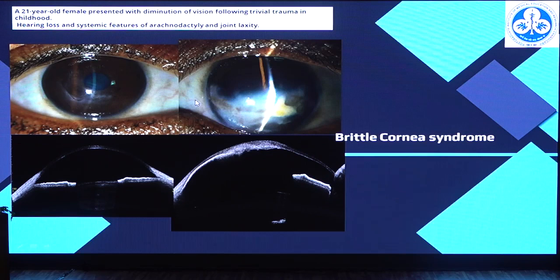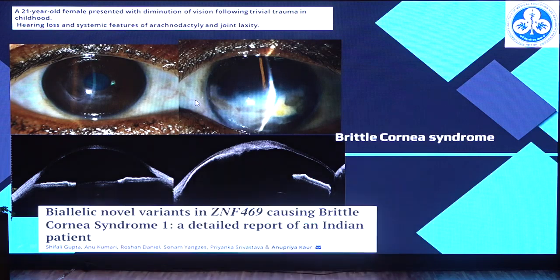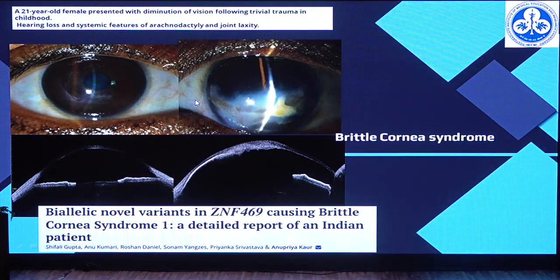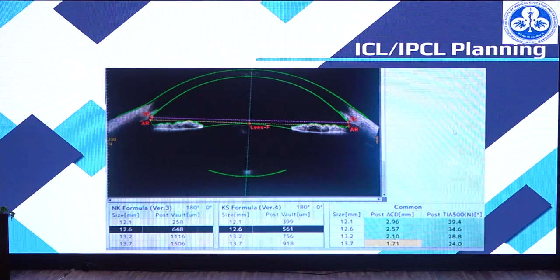So we further evaluated this patient, and she turned out to have a biallelic mutation in the ZNF469 gene, which is responsible for brittle cornea syndrome, and this we had reported. So you must look for other features also once you see this on imaging. Of course, Pentacam also showed thinning.